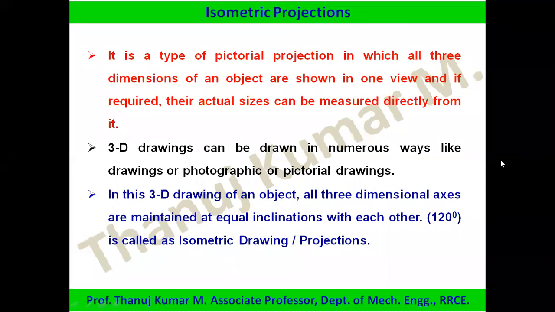When you see the solid diagonal perpendicular to VP, in the sixth position, in the final view of the object, you could see three visible lines equally inclined at 120 degrees each. If you measure those three lines, it will be exactly 120 degrees each. That is how we represent the isometric projection.